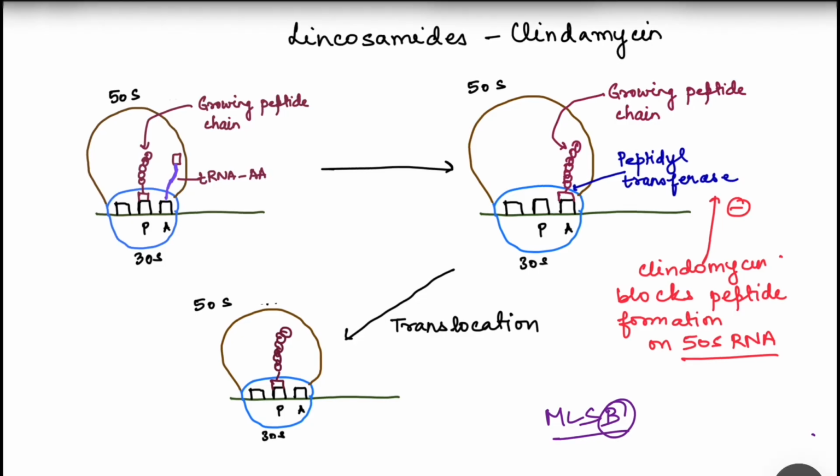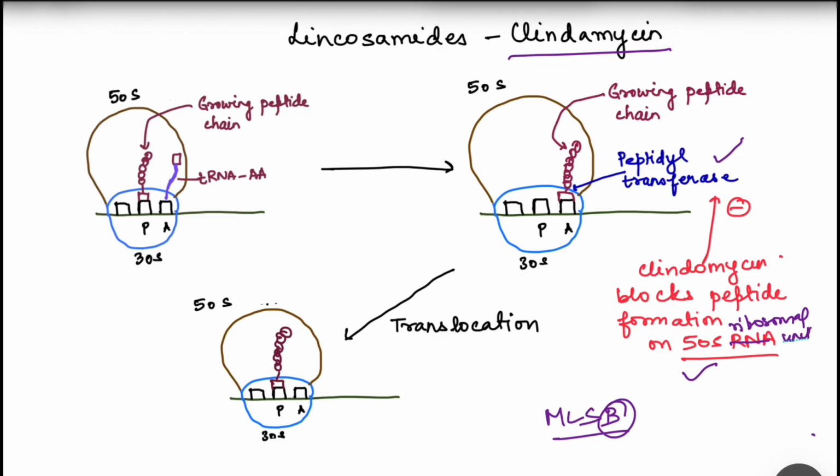So lincosamides consist of only one antibiotic, that is clindamycin, and this clindamycin acts again by inhibition of protein synthesis. Clindamycin binds to the 50S ribosomal unit, and it blocks the enzyme peptidyl transferase.